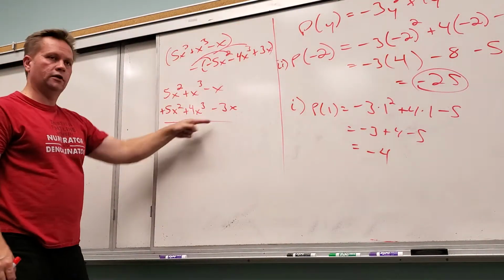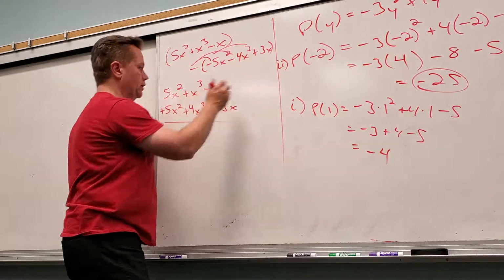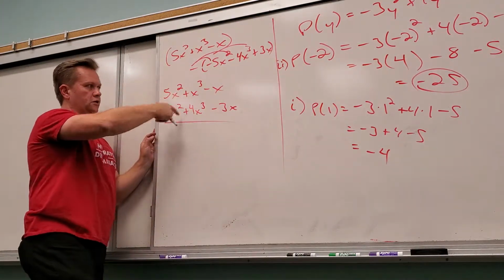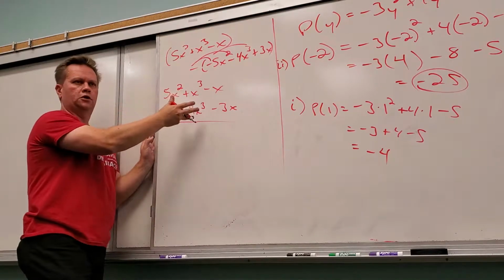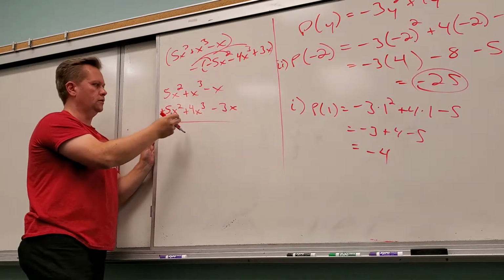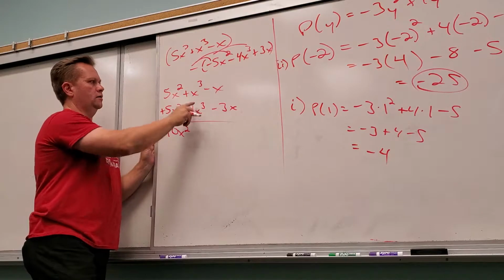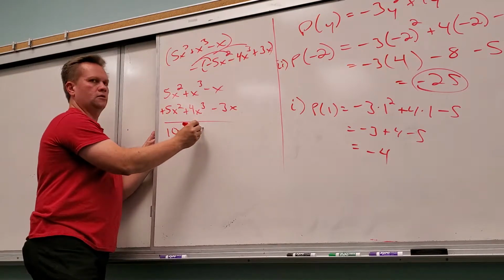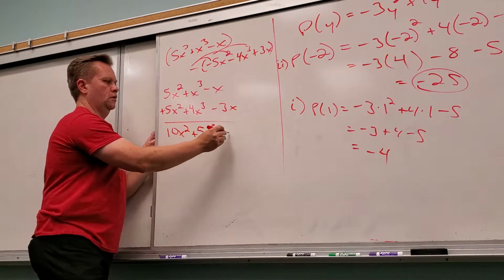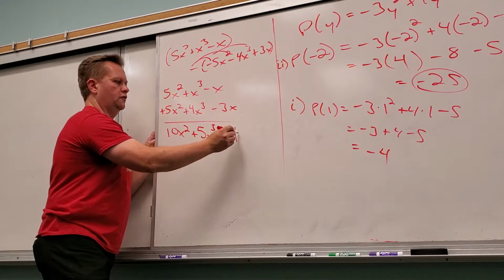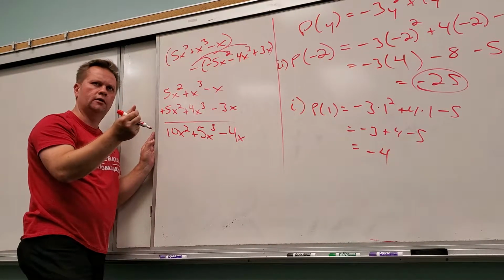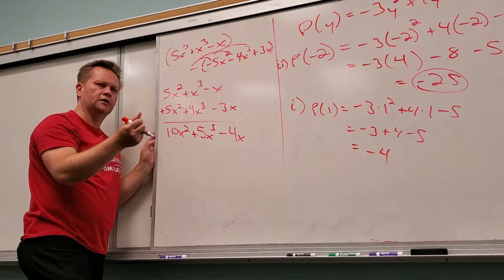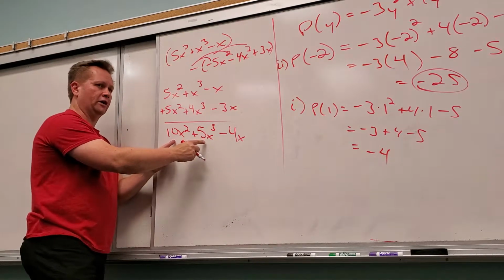You don't have to do it like this. You can put it all in one big line and then underline. But you can also see the utility of lining up your like terms. So then I get 10x squared, 5x cubed, minus 4x. Now if you stop there, it's fine. What's one little thing you could do to make it a little bit more conventionally correct? No, we're not factoring anything yet.